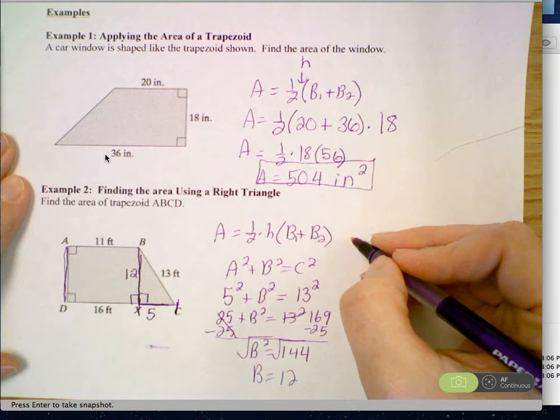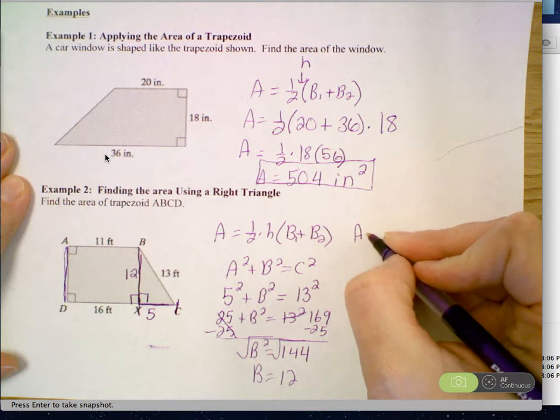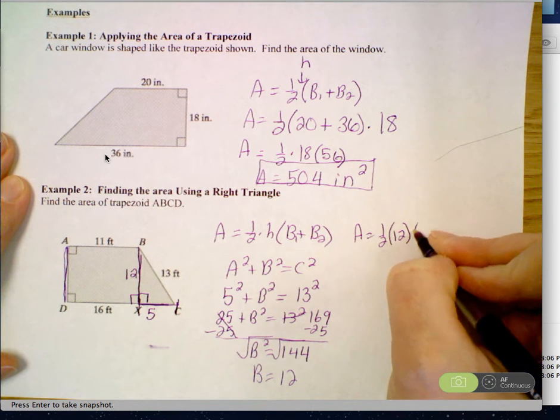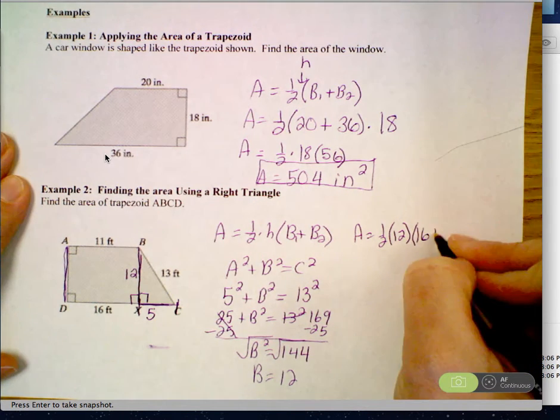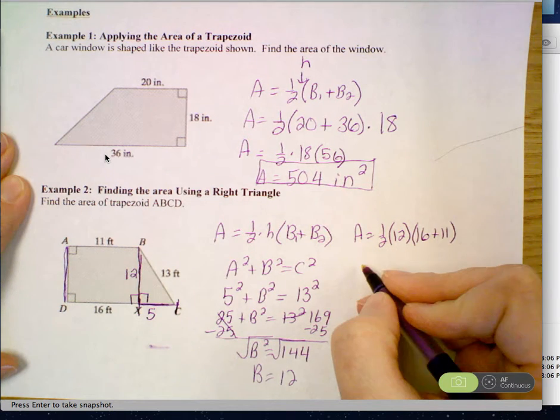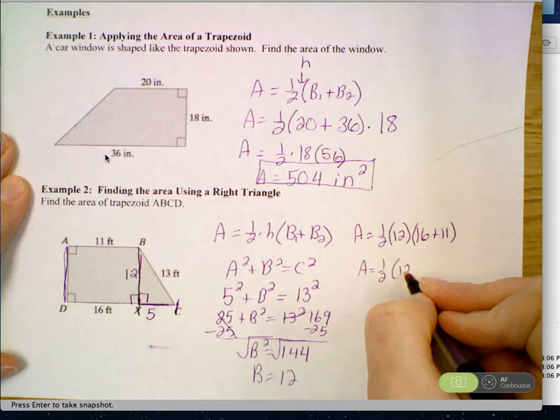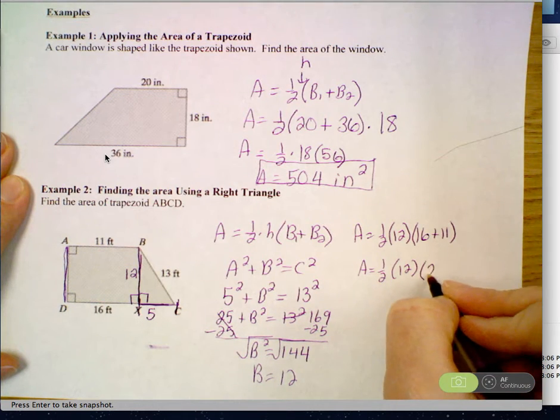So now we can plug into our formula up here. We get area equals 1/2 times your height, which is 12, times the sum of the bases, 16 plus 11. So we get area equals 1/2 times 12 times 27.